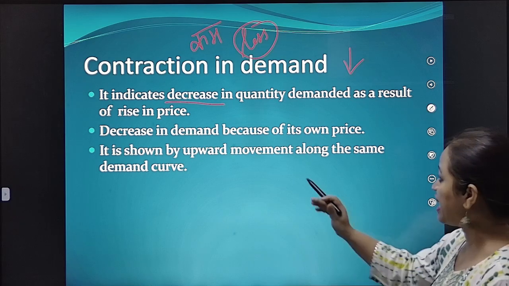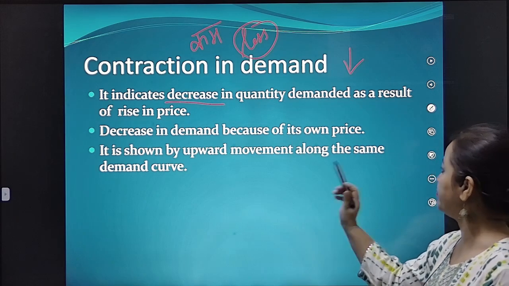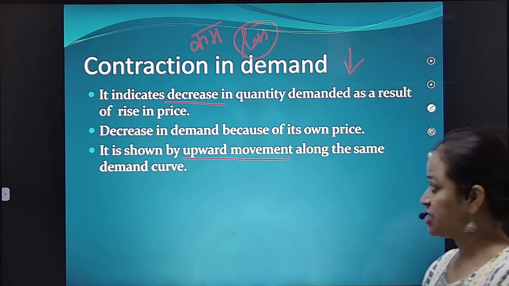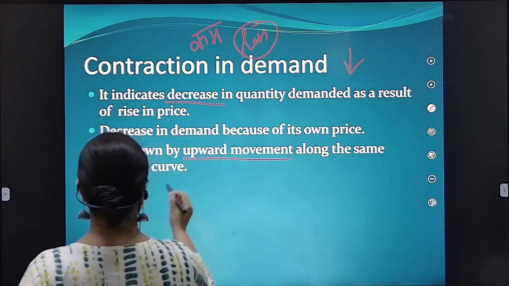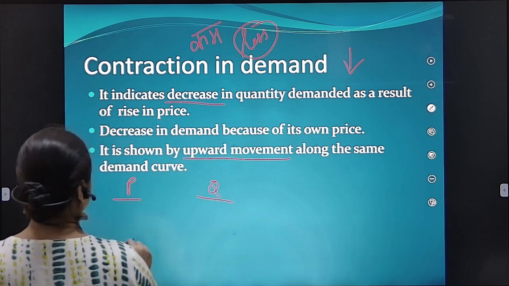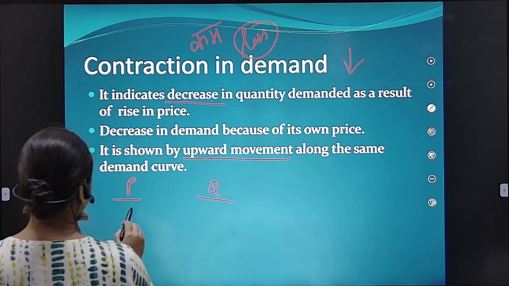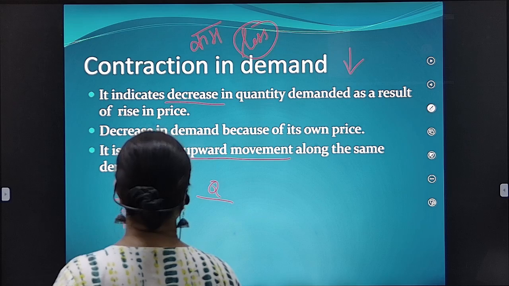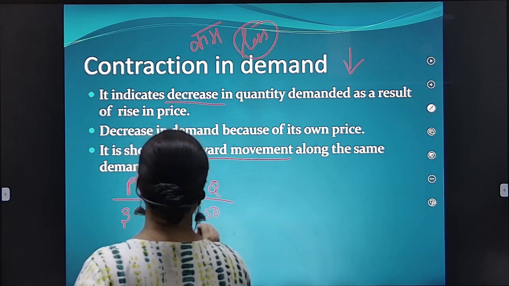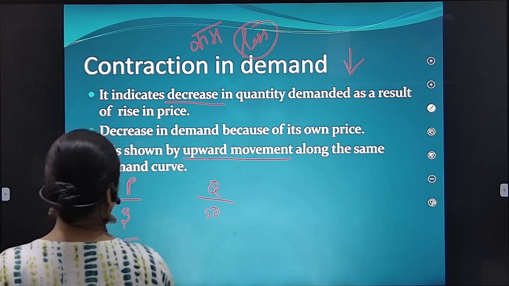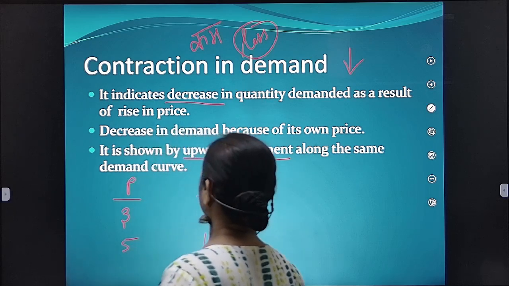So it is shown by upward movement along the same demand curve. All this you need to remember, upward movement. Okay? So here, because of its own price, this is price, this is quantity demand. Okay?